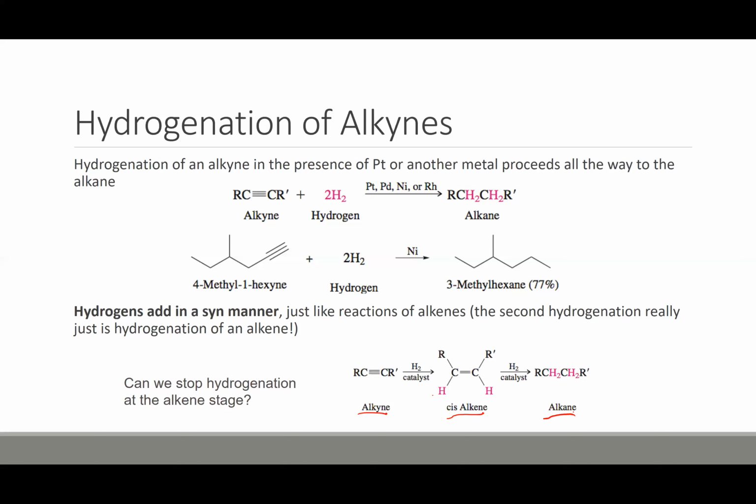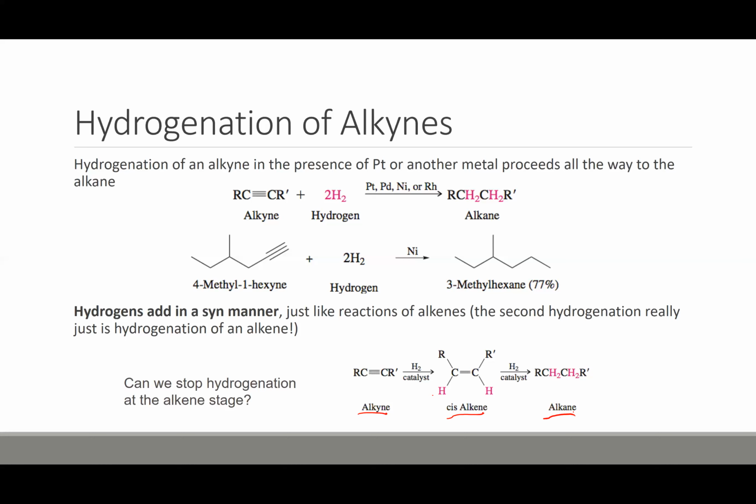However, when you do a hydrogenation of an alkyne, this process will not stop. It will just go all the way until it forms an alkane. You'll go from a triple bond straight to a single bond using this metal catalyst.